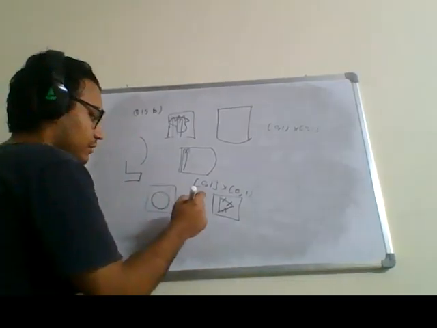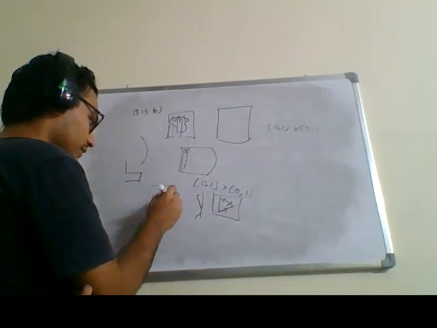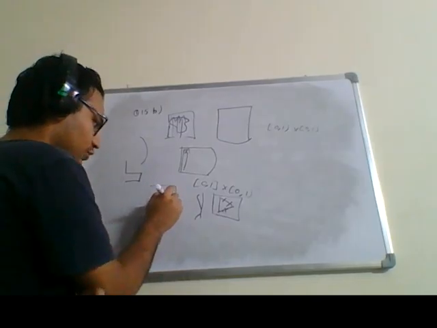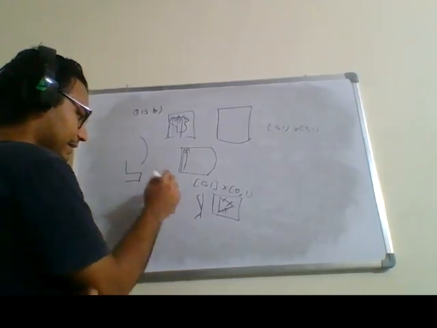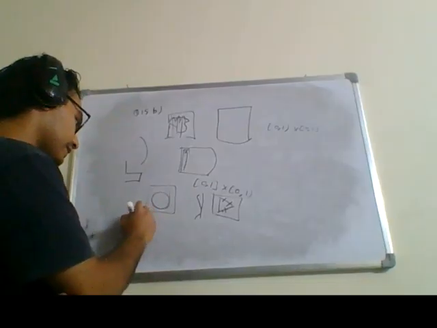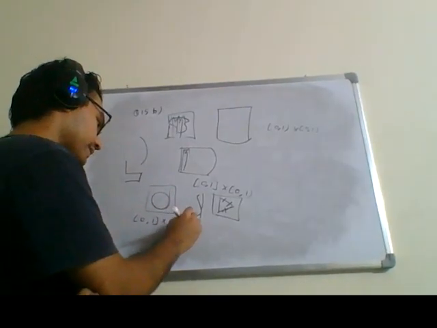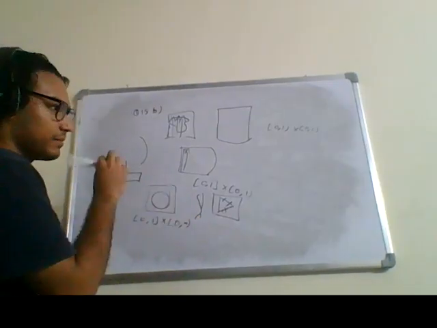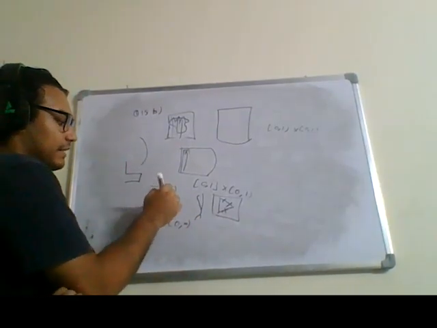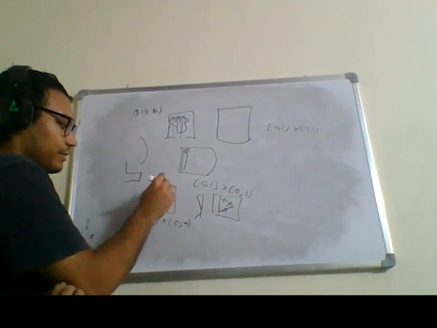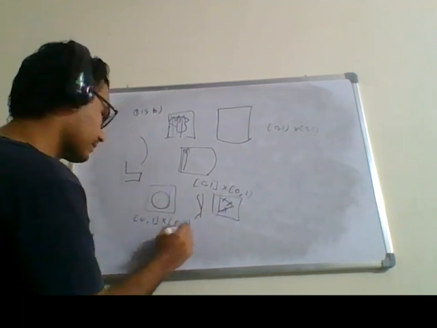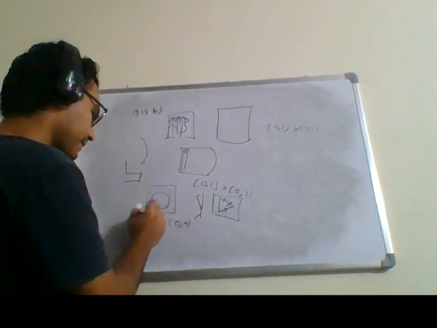Okay, so now what? Now, let's say we have an open interval, right? So it's defined in, let's say, 0, comma 1 cross 0, comma a, right? So any open thing at all, it's going to just go to the next element basically.